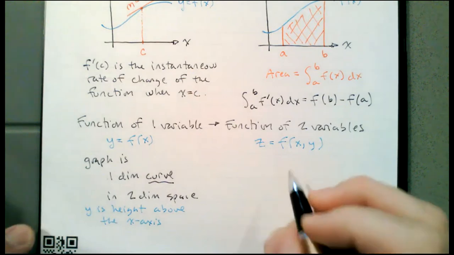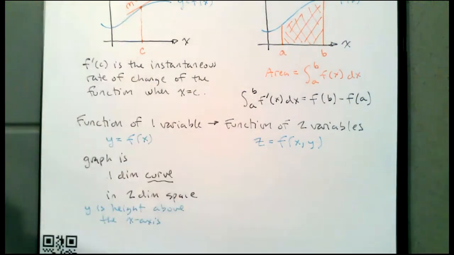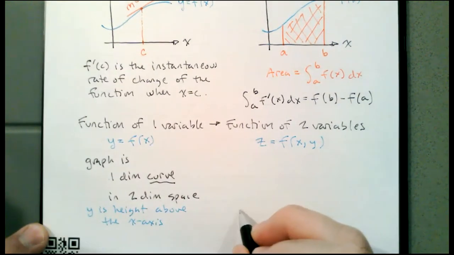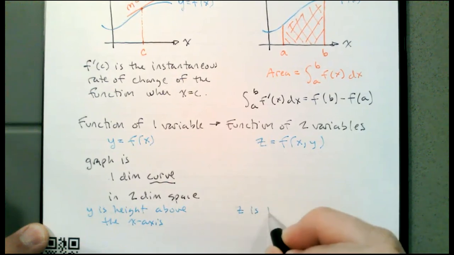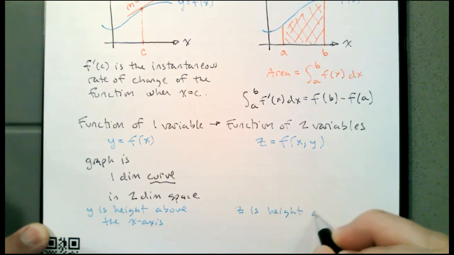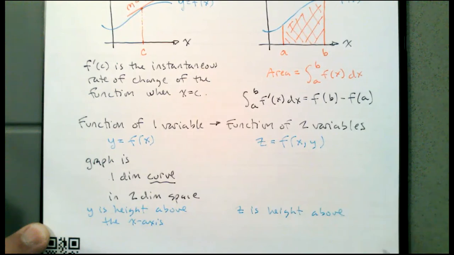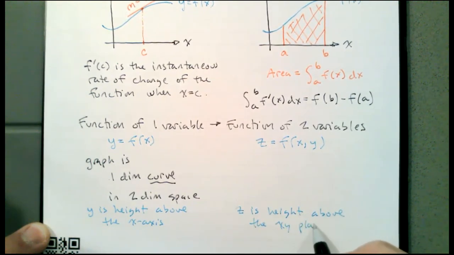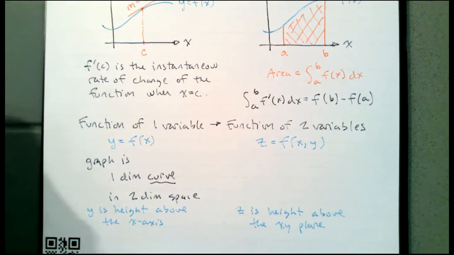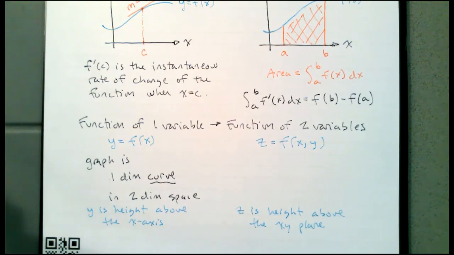So the graph, in this case, z is the height above the xy plane. So above each point in the xy plane, we're going to plot a z value. So z will be the height above the xy plane. So instead of getting a one-dimensional curve in two-dimensional space, we'll have a two-dimensional surface in three-dimensional space.